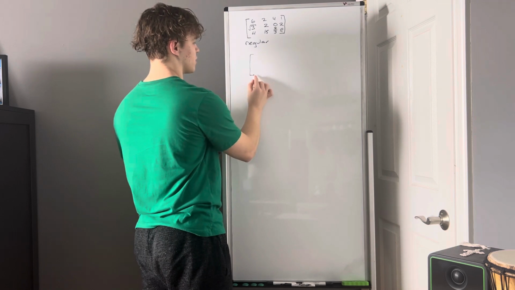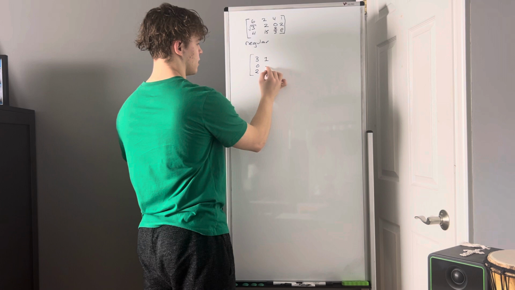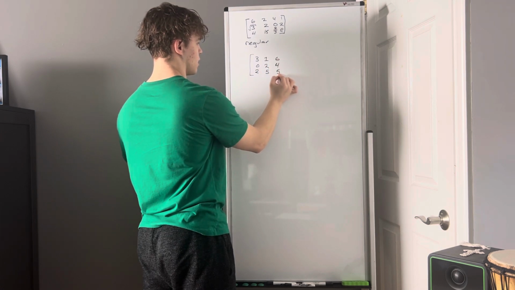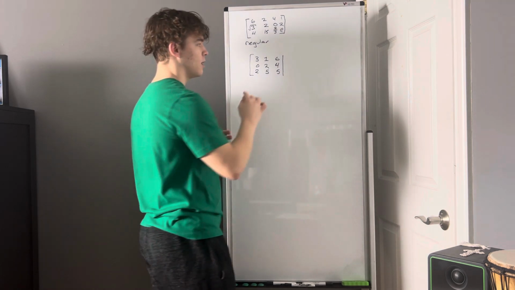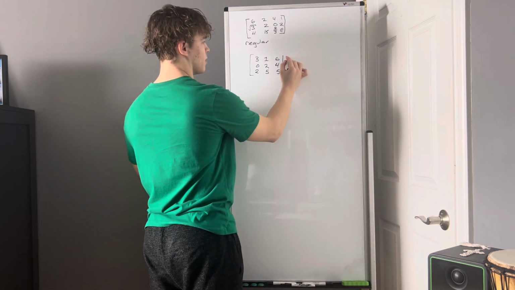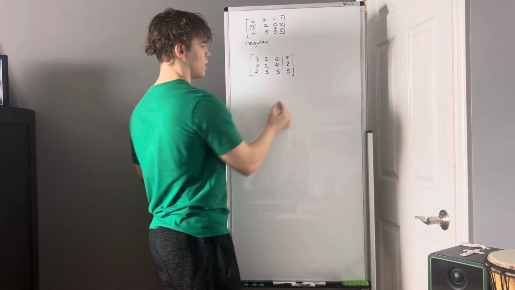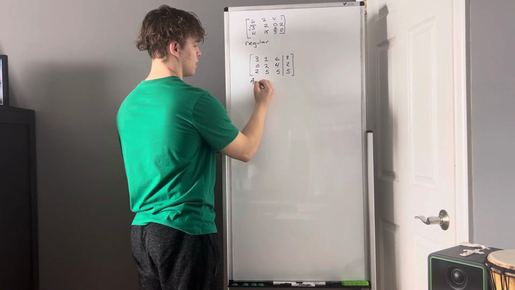Another form of matrix we can have is something that looks a bit like this, with a line right before the last column of numbers. And this is called an augmented matrix.